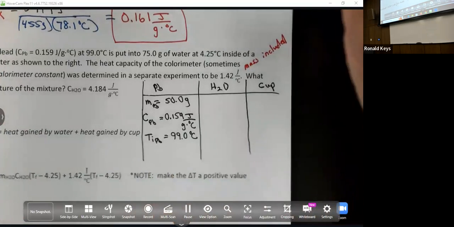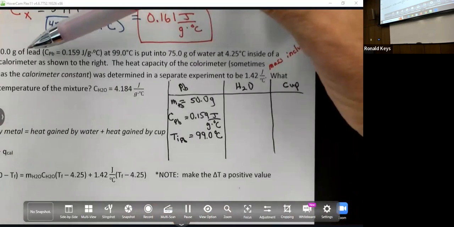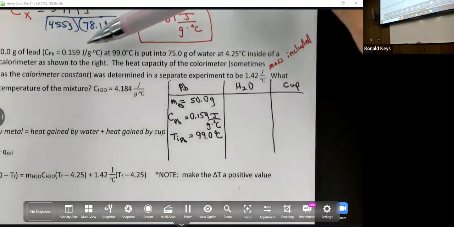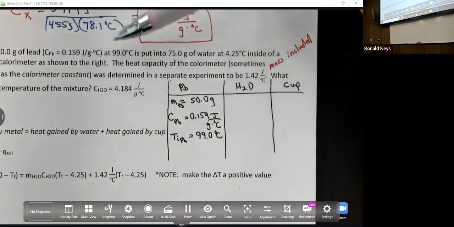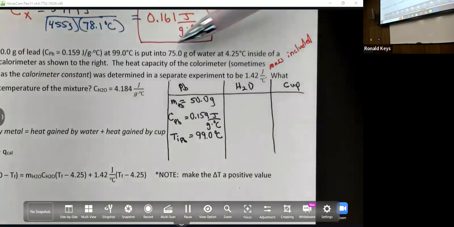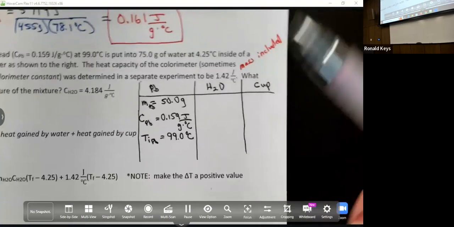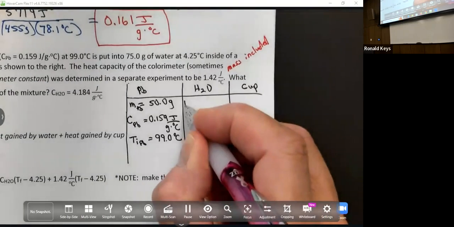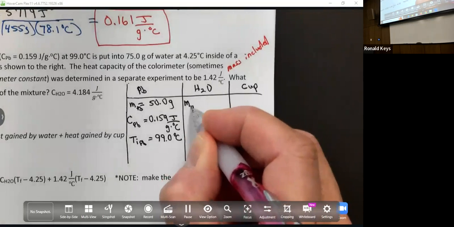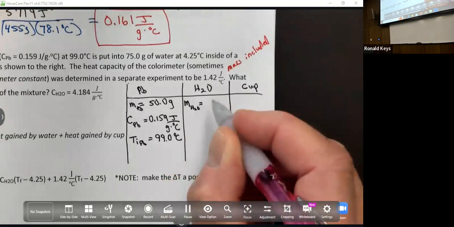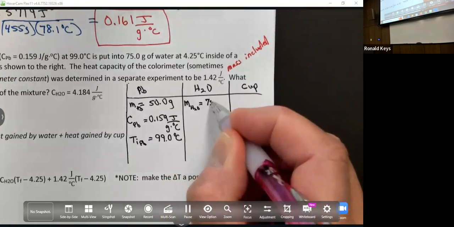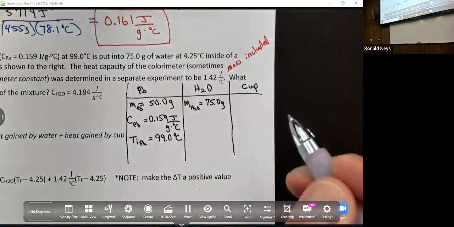So I'm going to go back and double check. We've got 50 grams of lead. Specific heat of lead, it's at 99. It's put into 75 grams of water at 4.25. So my mass of water is 75.0 grams.